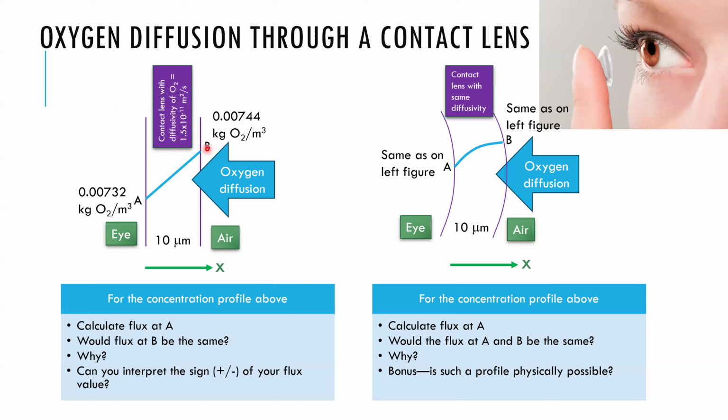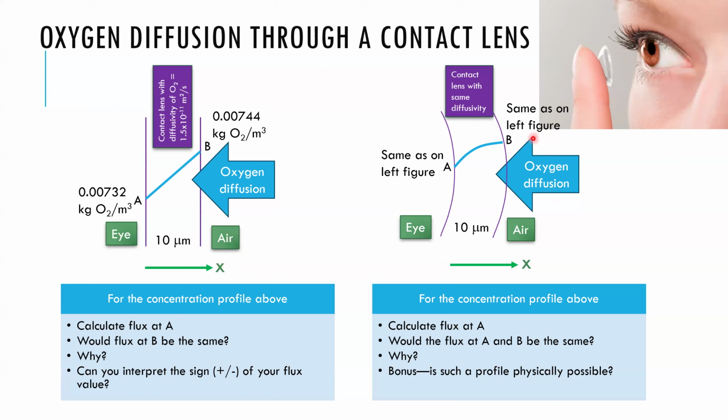This side has the higher concentration of oxygen, given in some mass amount per meter cube. On the left side, we have the lower concentration. So this side is air, this side is the eye, and we are given concentrations on both boundaries, and we're also given the distance. I happen to think of x starting from here, and just to not make things complicated, you can use the same x direction.